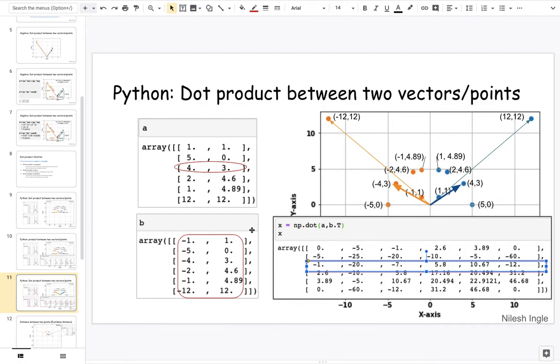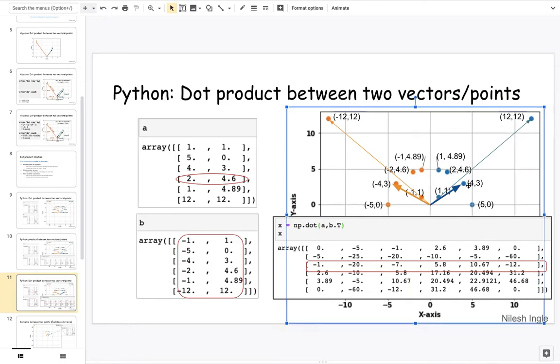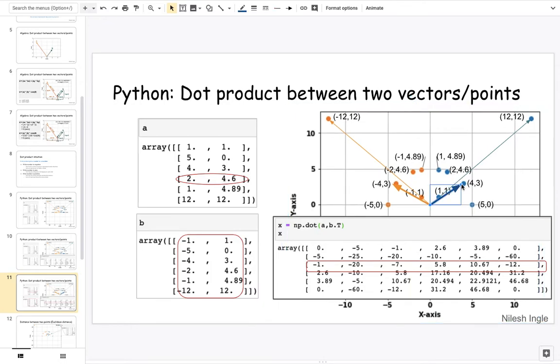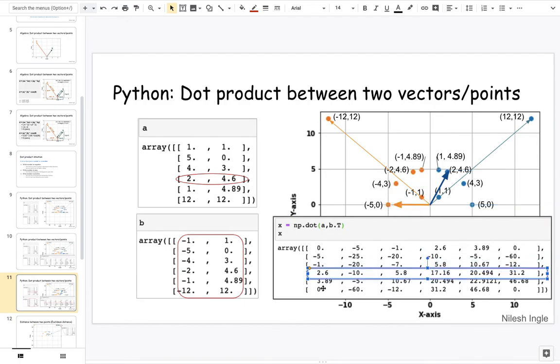On the other hand, if we look at 2 and 4.6, so if we look at this number right here, and if we look at the comparison of that particular vector with these vectors, then we can see a new set of values.